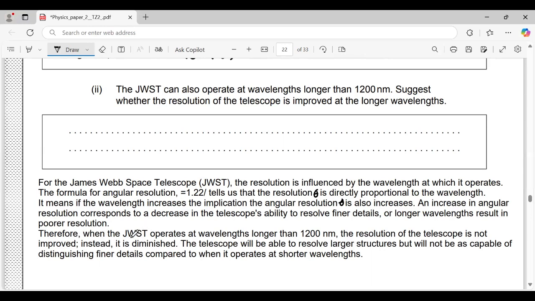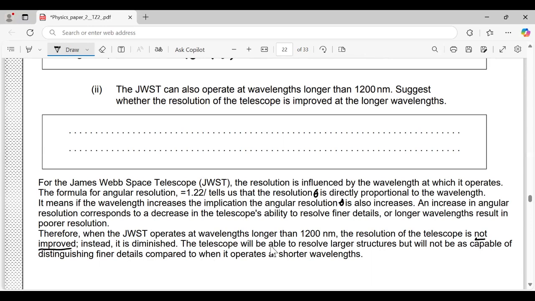Therefore, when the JWST operates at wavelength longer than 1,200 nanometers, the resolution of the telescope is not improved. Instead, it is diminished.